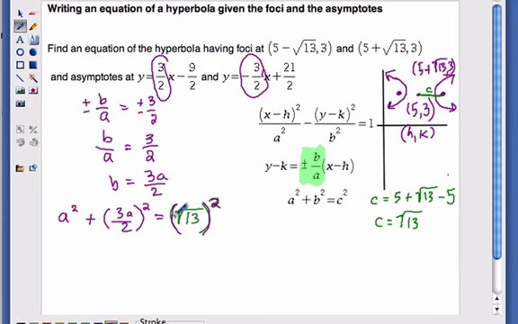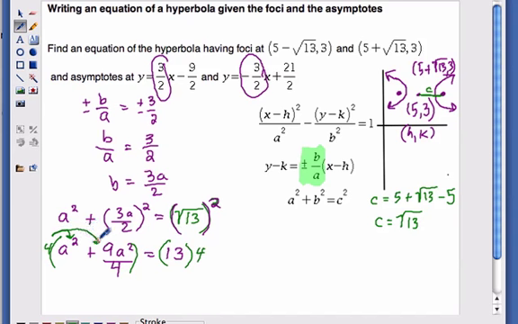So now let's simplify this. This is going to give us a squared plus, 3 squared is 9, so 9a squared, and 2 squared is 4, equals the square root of 13 squared, which is 13, since those two operations undo each other. I'm just going to multiply both sides of the equation by 4 and then distribute it through.